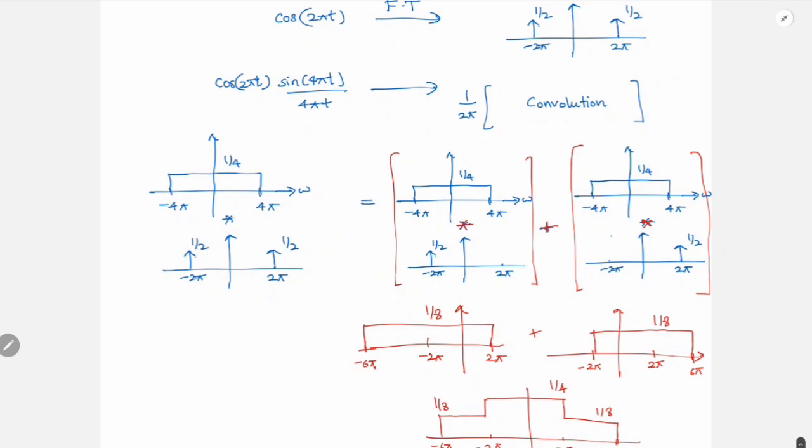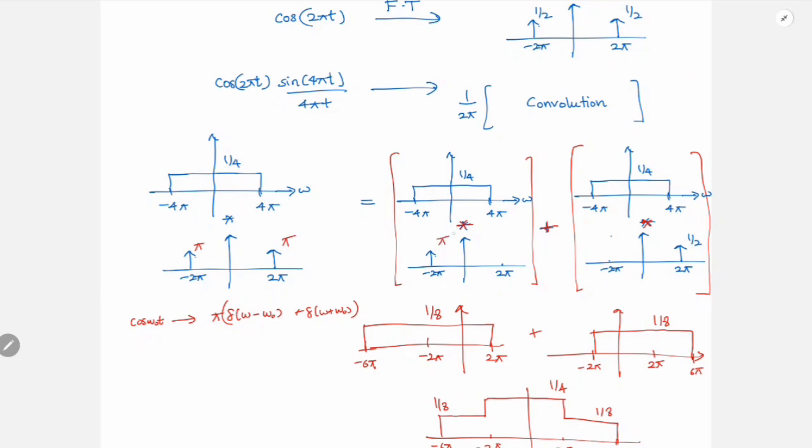And also we forgot one thing, which is nothing but the 2 pi factor for cos. So cos omega naught t is not 1 by 2, it is actually pi times delta of omega minus omega naught plus delta of omega plus omega naught. So this 2 pi factor we forgot. If we modify that, it will just be pi and pi.